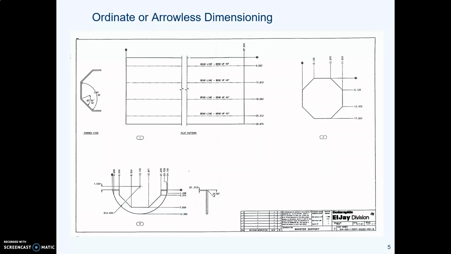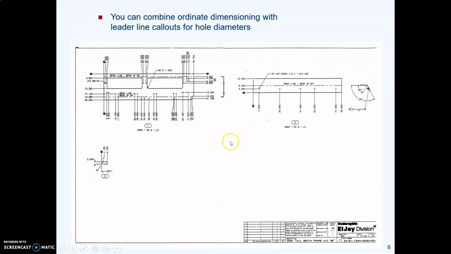Here's an example of ordinate dimensioning. This company liked using these really dramatic zeros, so that's what those are there. Notice that every side has a 0. Here's another part that uses ordinate dimensioning, actually another 2 parts.